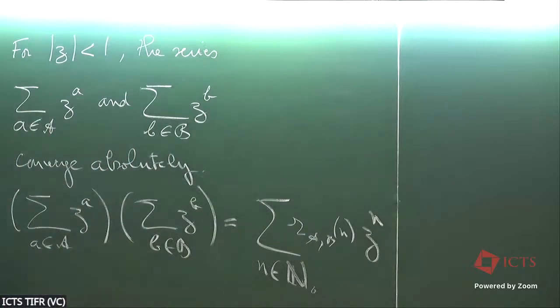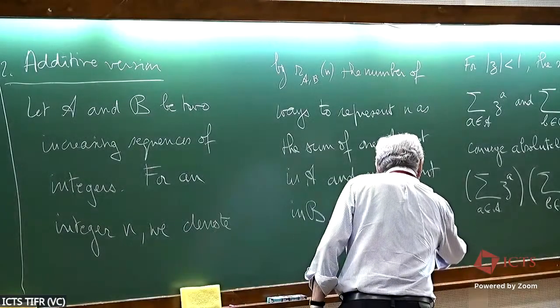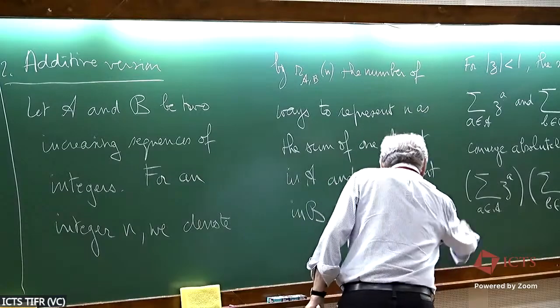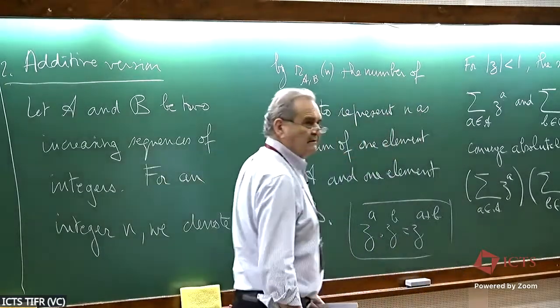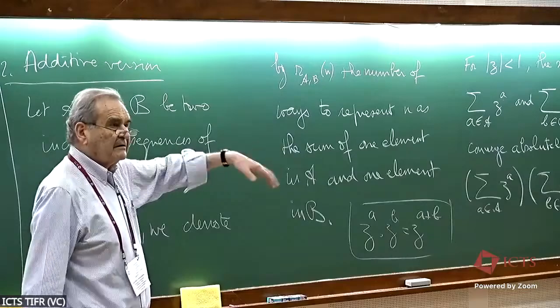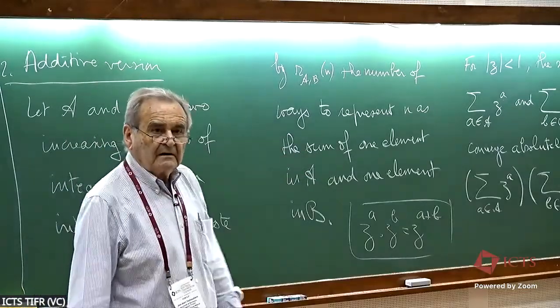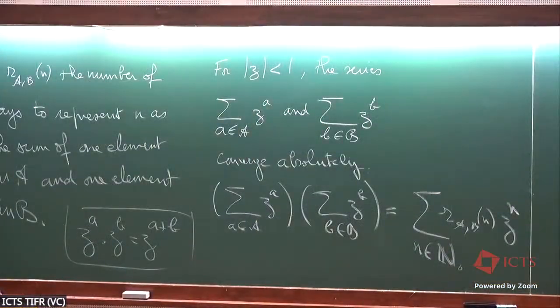Here the key point is the parallel to this nice relation for multiplication: the additive point is that z^a times z^b is z^(a+b). This is why power series are interesting in additive problems.